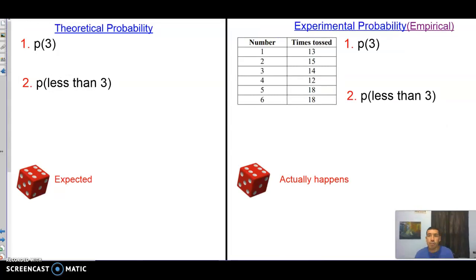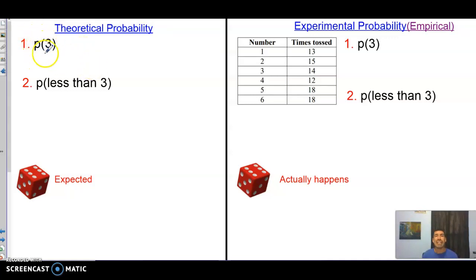This is where I'm actually going to do an example. So if you look at the left side of the screen, okay? Let's begin with theoretical probability. So class, in theory, okay, using your previous knowledge, let's begin with number one.